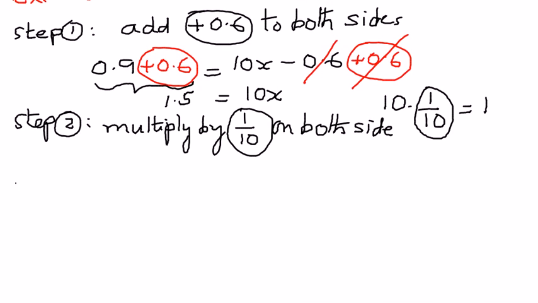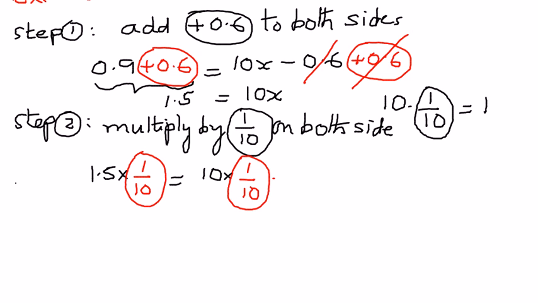We can write that as follows: 1.5 times 1 over 10 is equal to 10 times 1 over 10, and then we have x after that, times x, right?